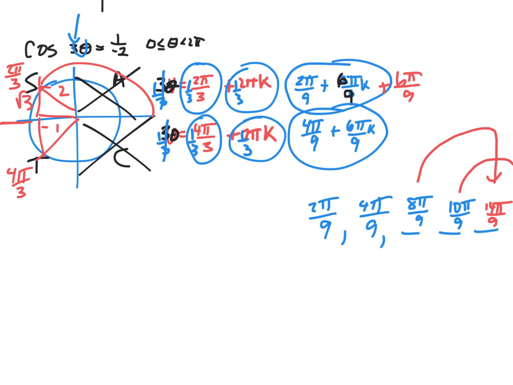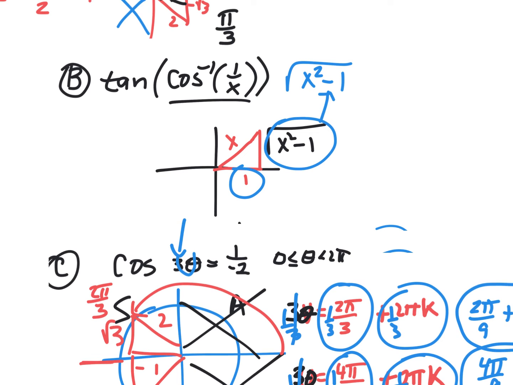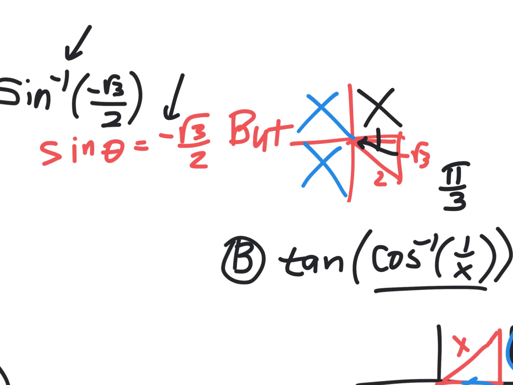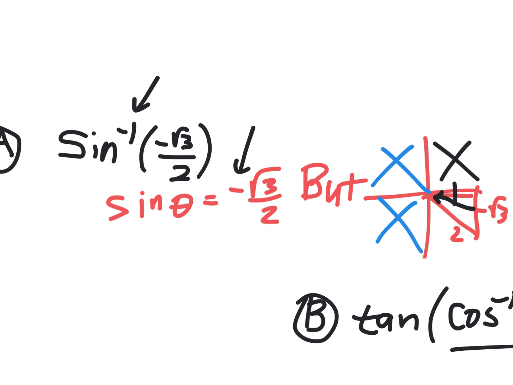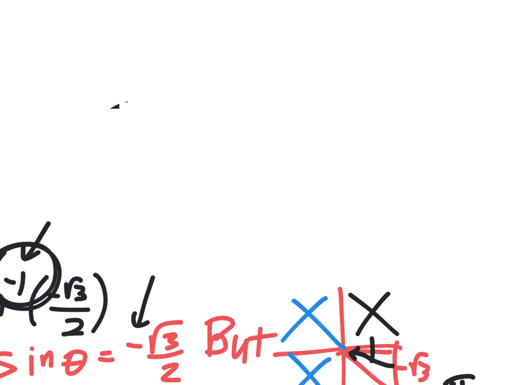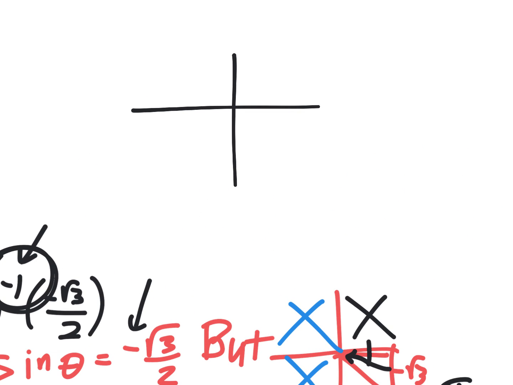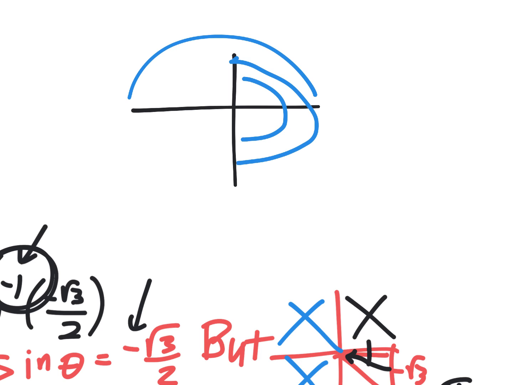Yes? In the negative sign in the first question, why do you suddenly do that in negative? Do you remember that inverse has a bunch of rules? Inverse cosine can only be here to here. Inverse tangent, here to here but doesn't touch. Inverse sine, here to here but does touch.